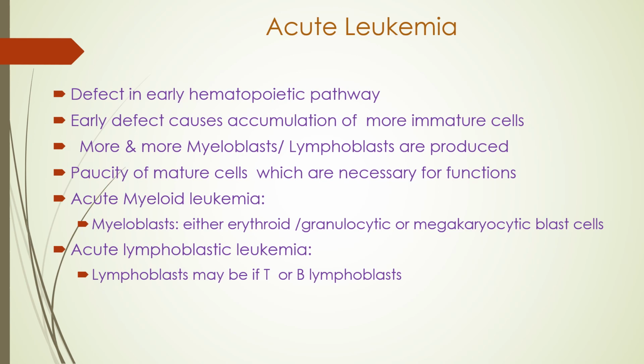Megakaryocyte, as we know, is a cell which is present in the bone marrow, and when it matures, it breaks into fragments to produce platelets. So in acute myeloid leukemia, we may have blast cell of erythroid series, the granulocytic series, the monocytic series, or the megakaryocytic series. Acute lymphoblastic leukemia, we will have lymphoblast either of T cell type or B cell type.